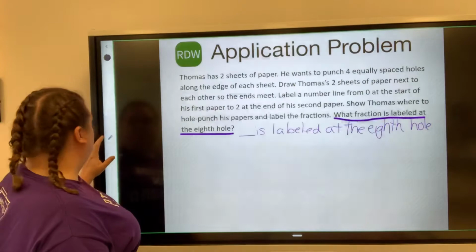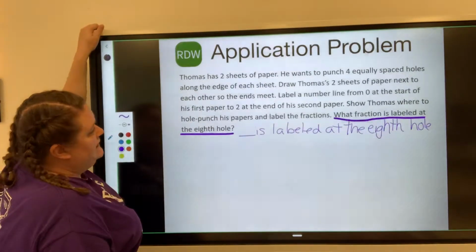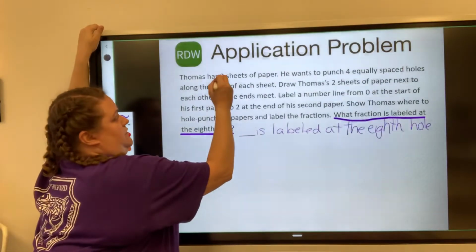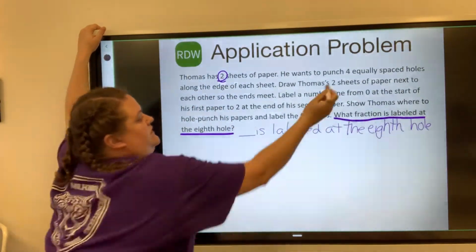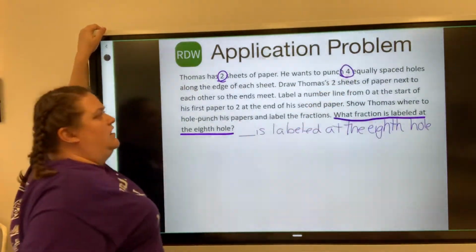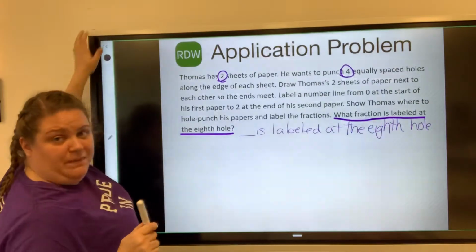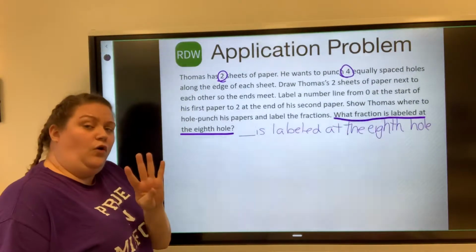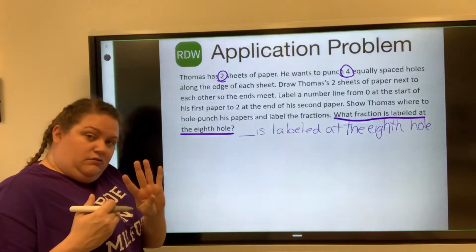So I'm going to go back and read again, pull out some good information here. Thomas has 2 sheets of paper, so he's going to have 2 pieces of paper. He wants to punch 4 equally spaced holes along the edge of each sheet. Now we have to be careful about this because while he wants 4 holes, we can't start at 0.